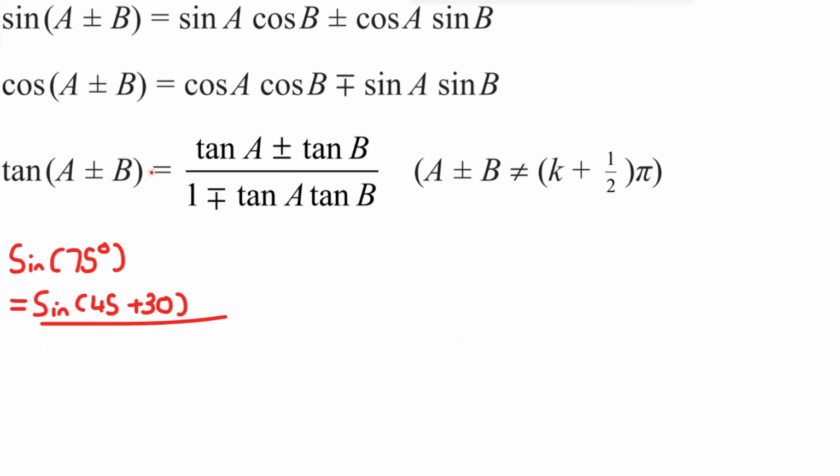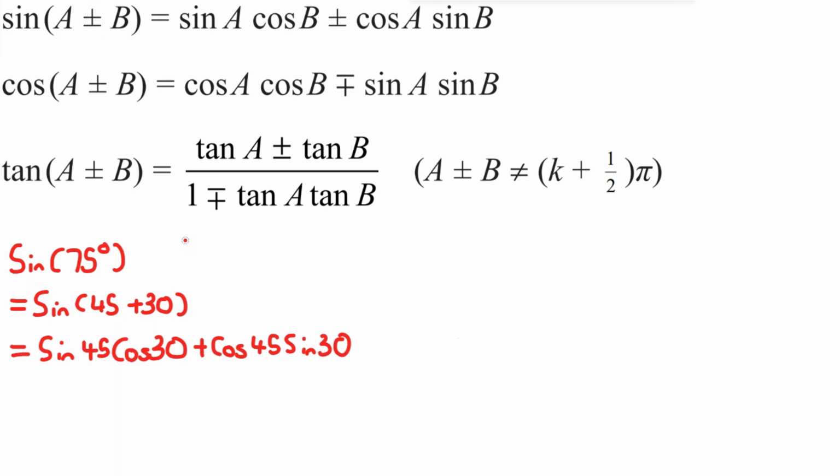And here, we can use the sin of A plus B formula, where 45 is A and B is 30, so we can rewrite this as sin of 45 cos of 30 plus cos of 45 sin of 30, like it is here. And then we can sub the values in, so sin of 45 is root 2 over 2, and then cos of 30 is root 3 over 2, and then cos of 45 is root 2 over 2, and then sin of 30 is equal to a half.